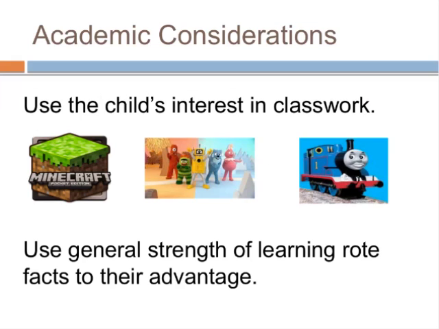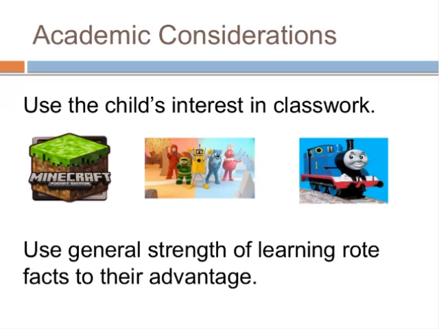Use the child's interest in classwork. As we discussed earlier, the child might have extreme restrictive interests. These are some of the things that some of my little and big friends are very interested in: Minecraft, Yo Gabba Gabba, and Thomas the Tank Engine. Minecraft is for a little older kids, but no doubt there are other kids in your class that enjoy this, so it'll be beneficial for the whole class.